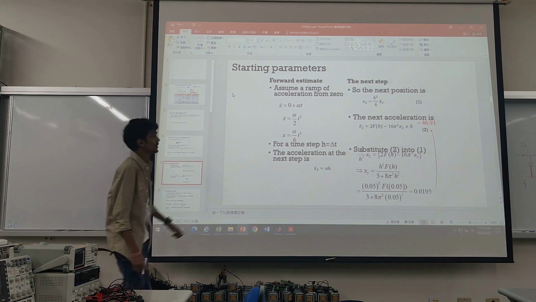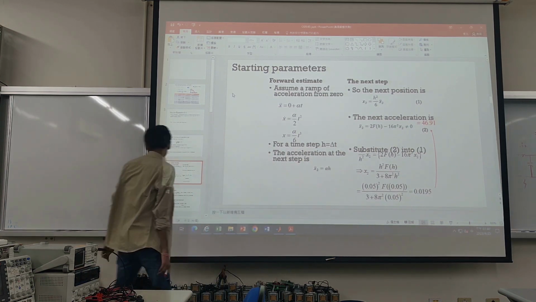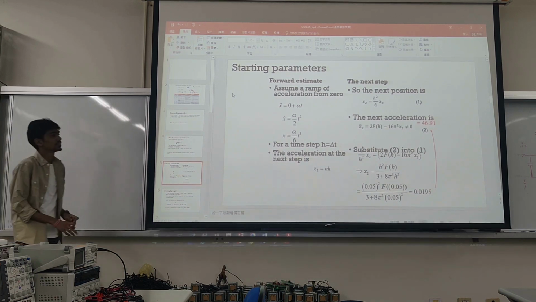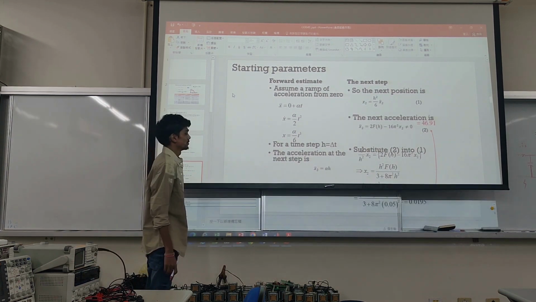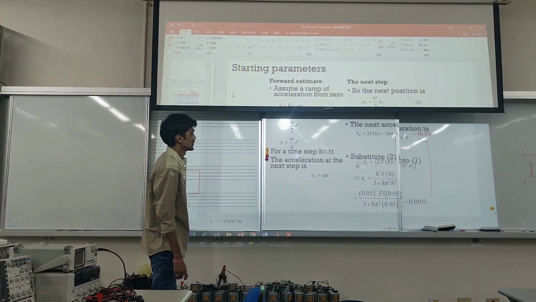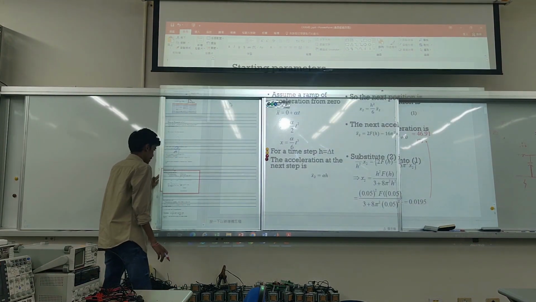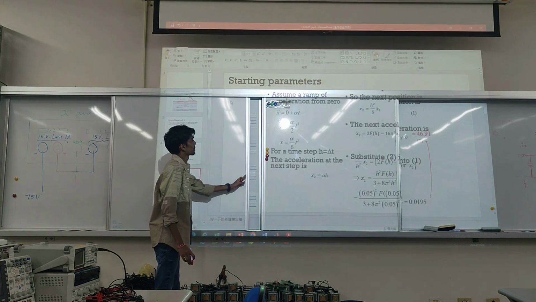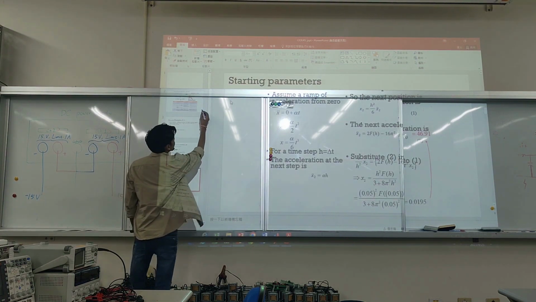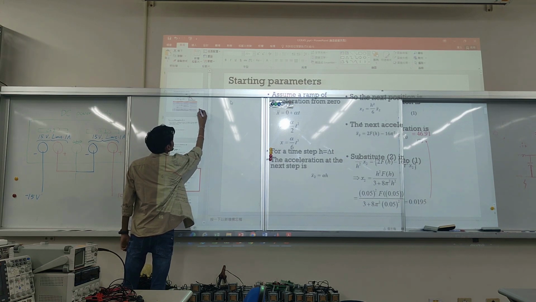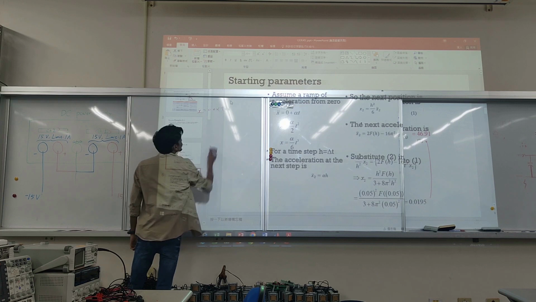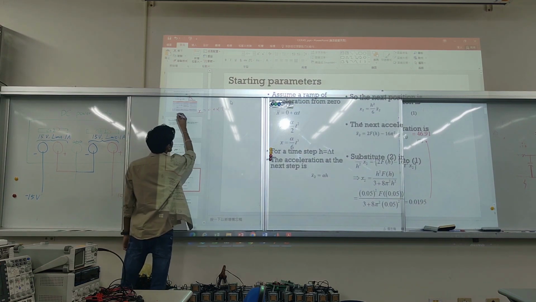So I will solve this equation. Let's solve this: x double dot is equal to 0 plus alpha t. So now this is the acceleration term.